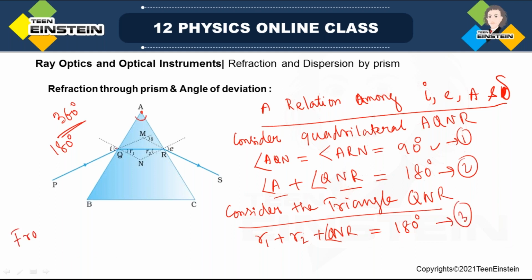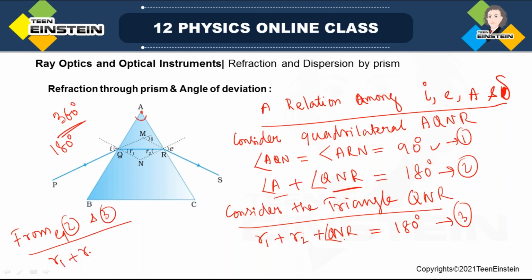So from equation 2 and 3, we'll put the value of QNR.